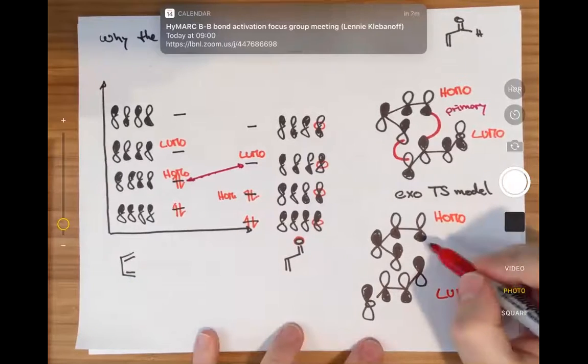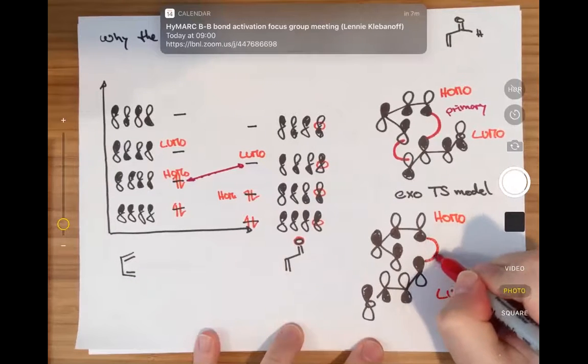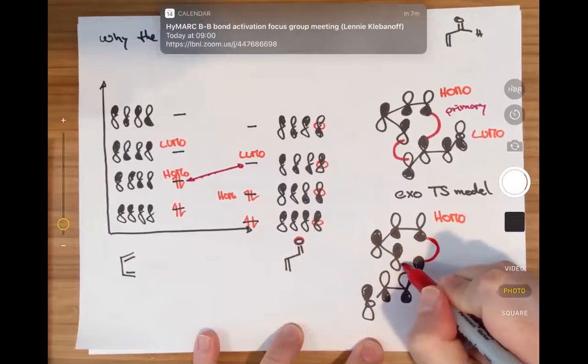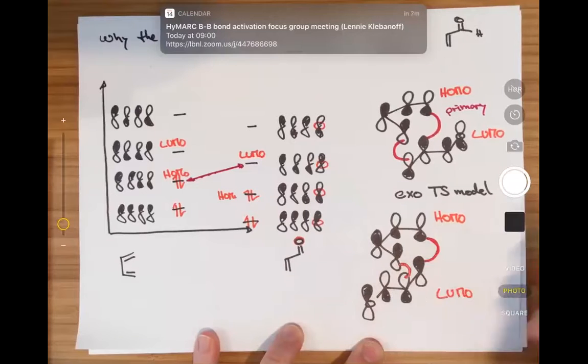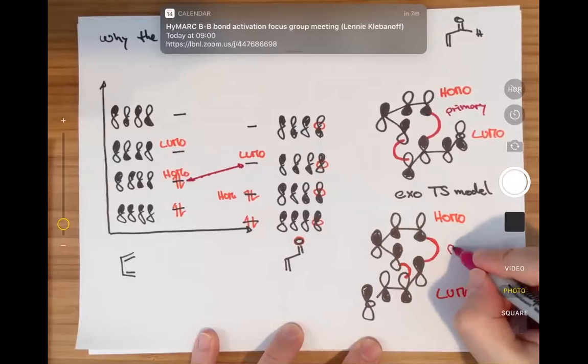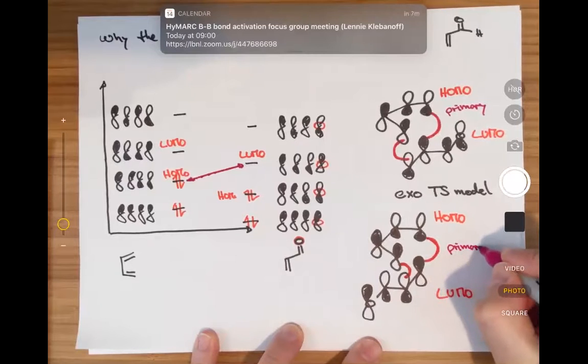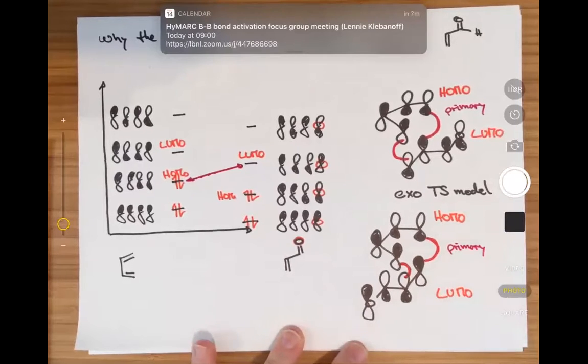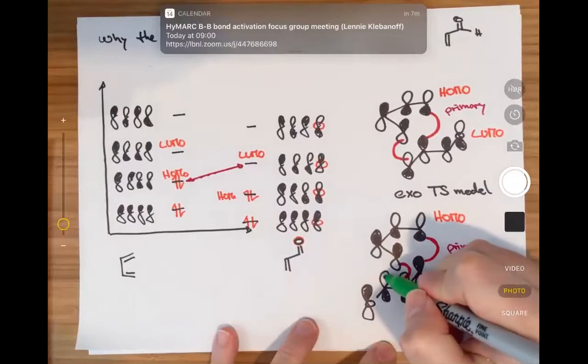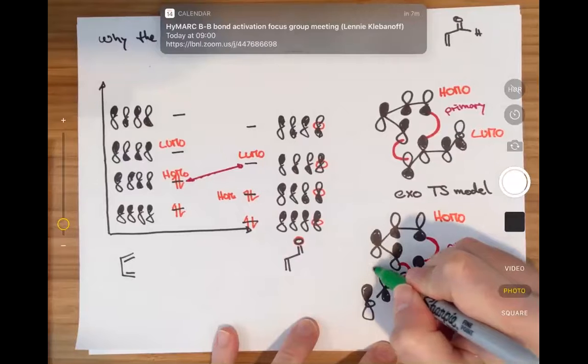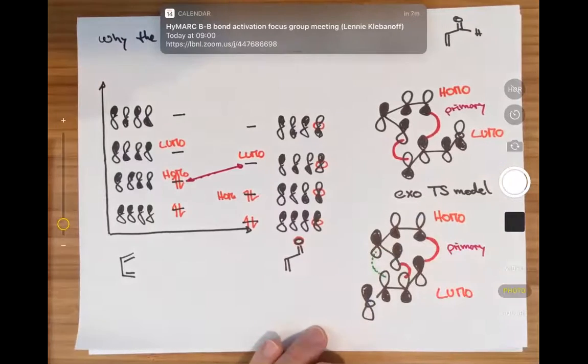We again have the primary interaction that forms the new carbon-carbon bond between these 2 lobes, right? So this is the new carbon-carbon bond in our primary interaction. But what I can glean additionally from this picture is a secondary interaction, where I have this unshaded lobe here that comes close to this other unshaded lobe and can form another favorable interaction.